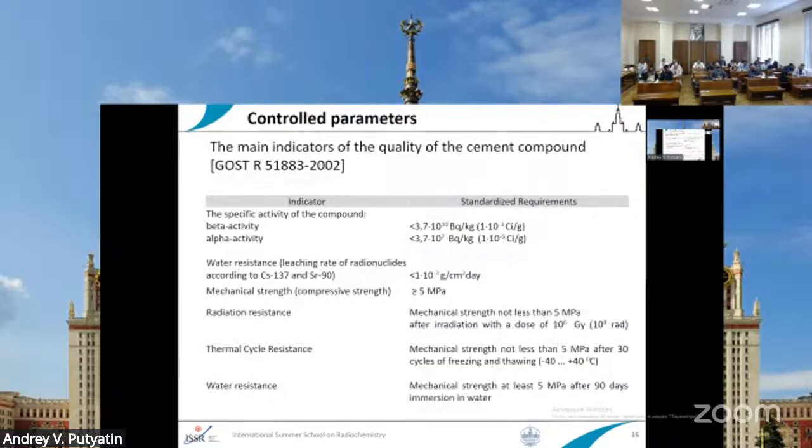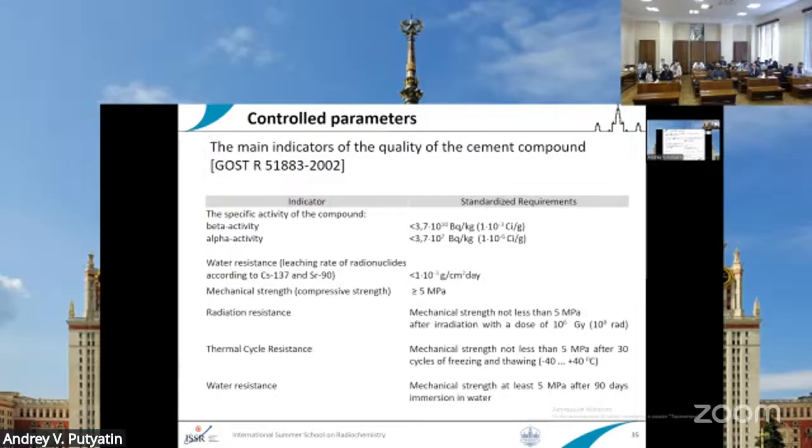So all the matrices are tested before they are selected for further application. All of the matrices are tested with the standards. In Russia, we call our national standard GOST, a governmental standard.